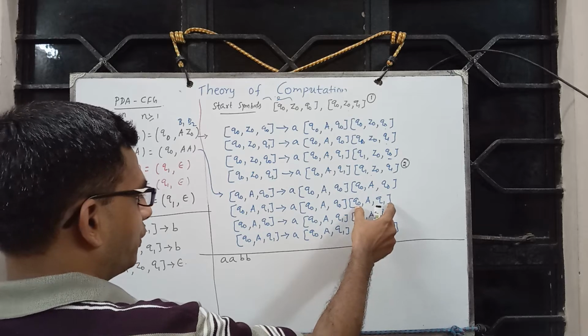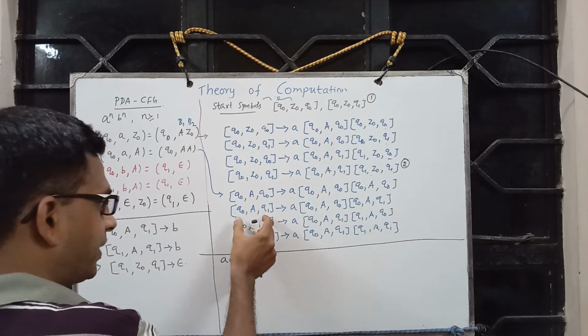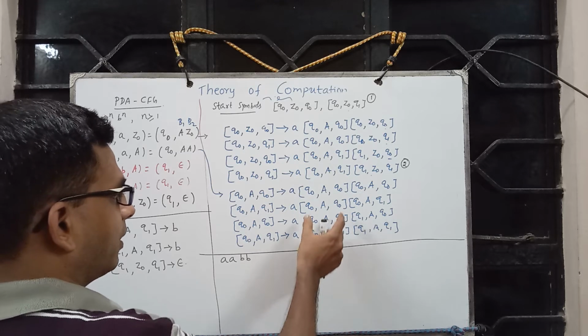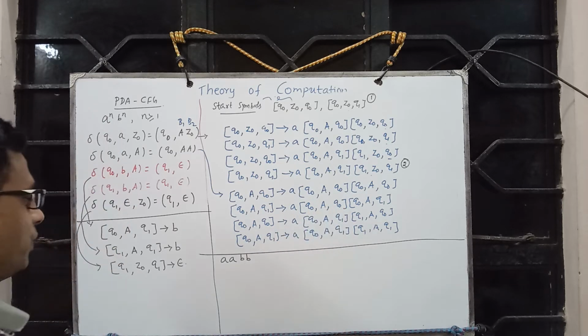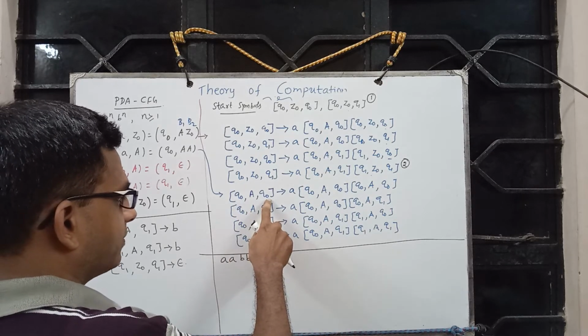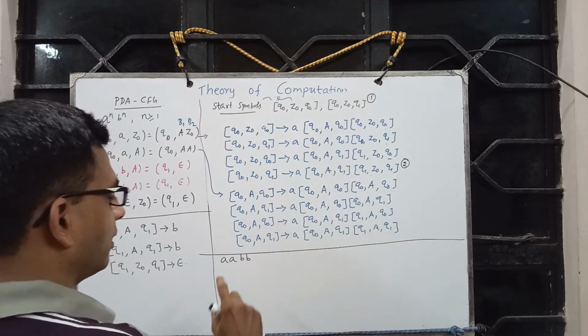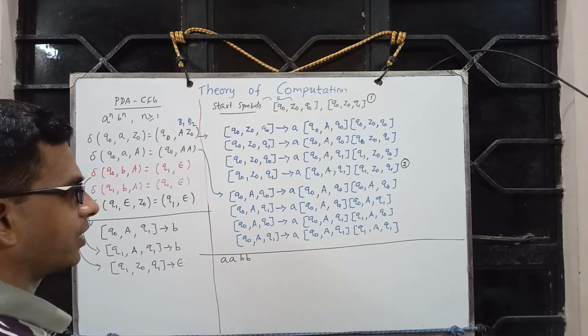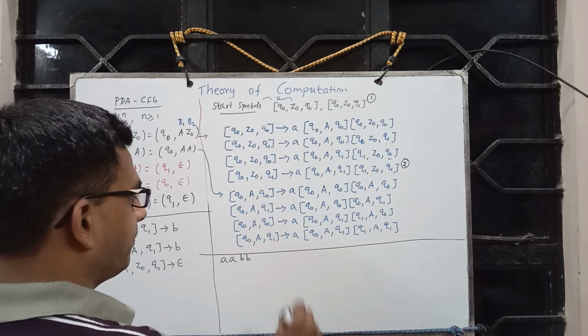And Q0, A, Q1, you can still apply this. What about Q0, A, Q0? You can take this, apply, or you can take this and apply. Okay.